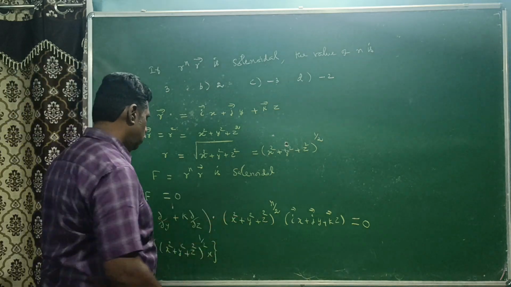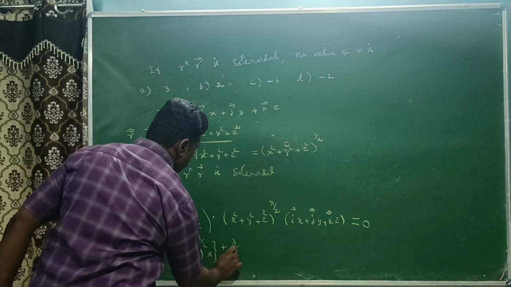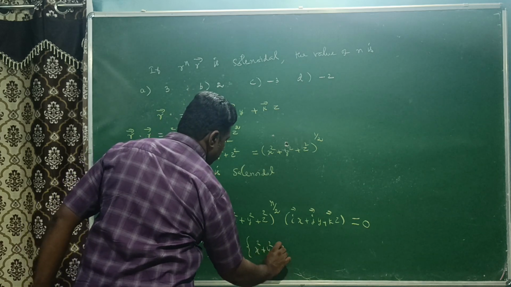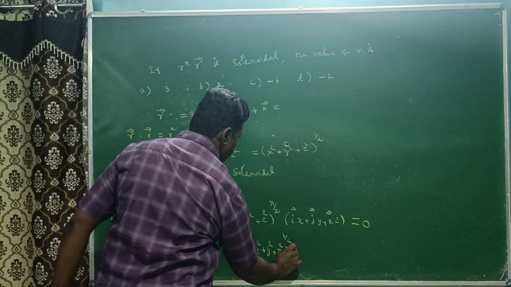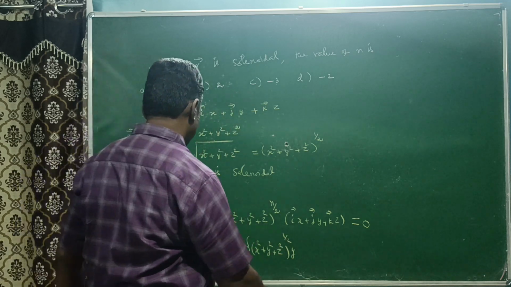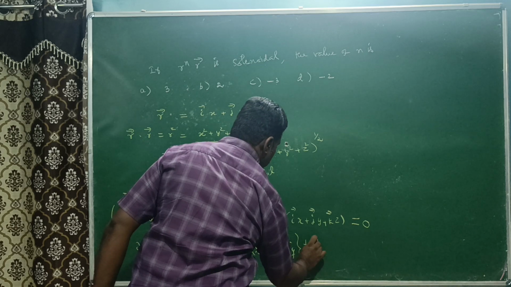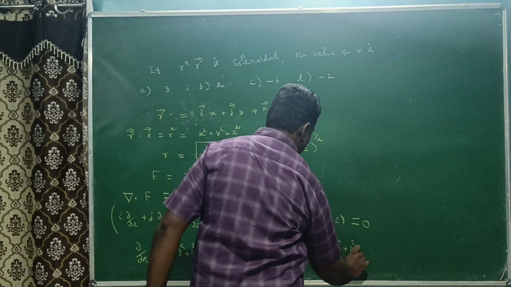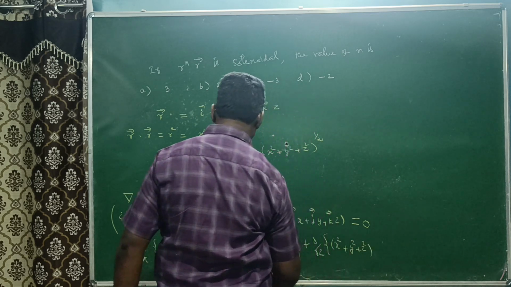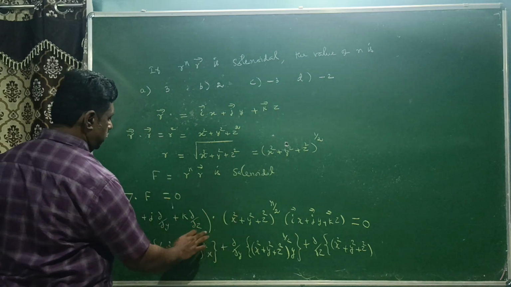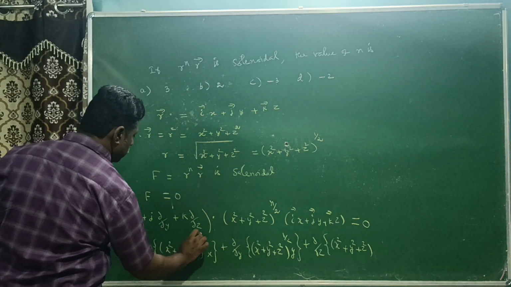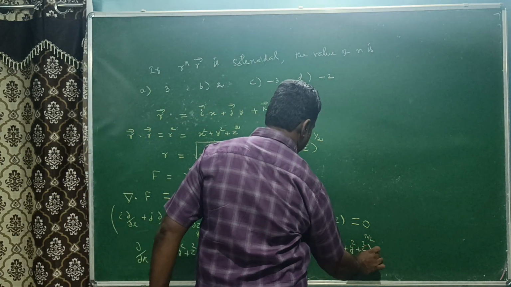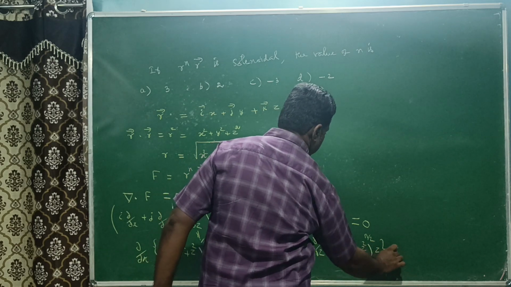Then j dot j is 1, plus ∂/∂y of (x square plus y square plus z square) power n by 2 into y, plus ∂/∂z of (x square plus y square plus z square) power n by 2 into z, entire is equal to 0. These are all power n by 2, not 1 by 2.